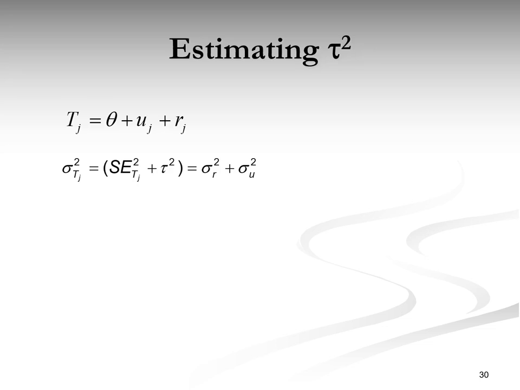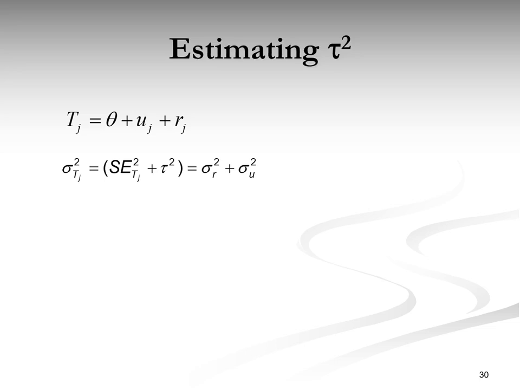Well, the reason is simple. Because we already know the variance of R. So the variance in the observed effect sizes is the sum of the variance of U, so tau squared, plus the sampling variance. Because we know the sampling variance, so we know the variance of R, we can also see how much variation there is in the observed effect sizes.